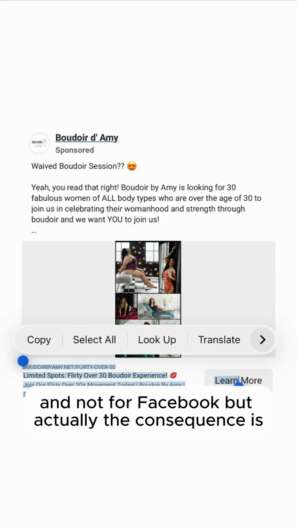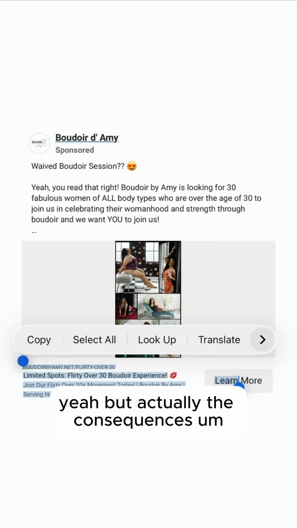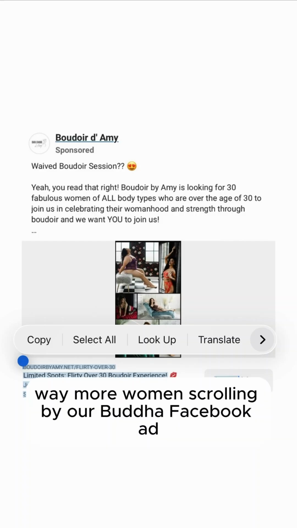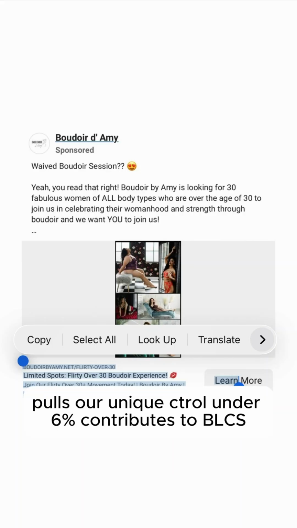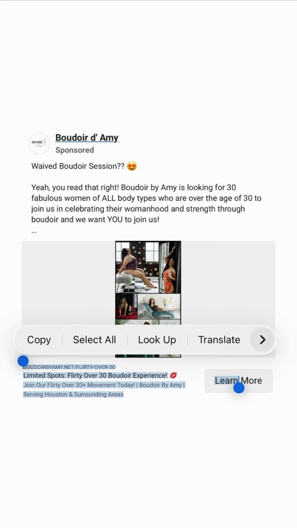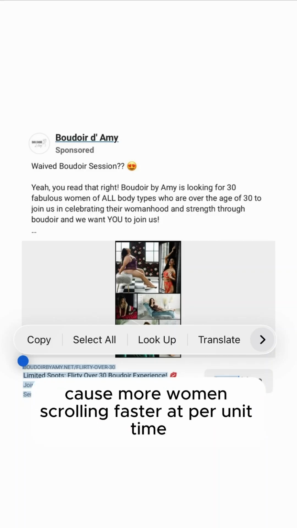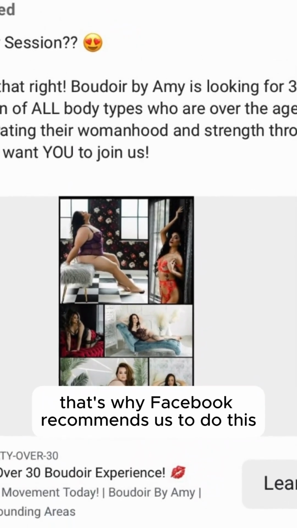But actually the consequence is way more women scrolling by our boudoir Facebook ad than necessary, which pulls our unique CTR under 6% and contributes to BLCS, boudoir low click syndrome. And Facebook actually makes more money per unit time from this because more women are scrolling faster, so Facebook can serve more ads per unit time. That's why Facebook recommends us to do this.